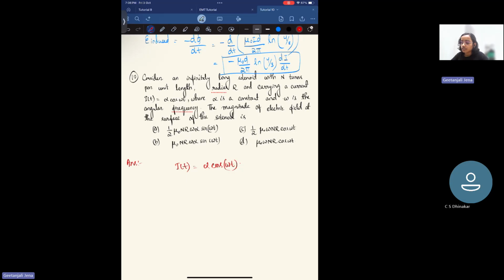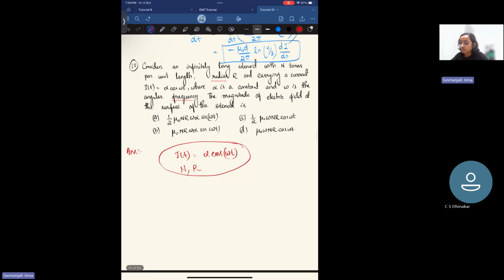So find out the electric field at the surface of the solenoid. It's quite easy. Let's solve it and let me know which of the following options is correct.